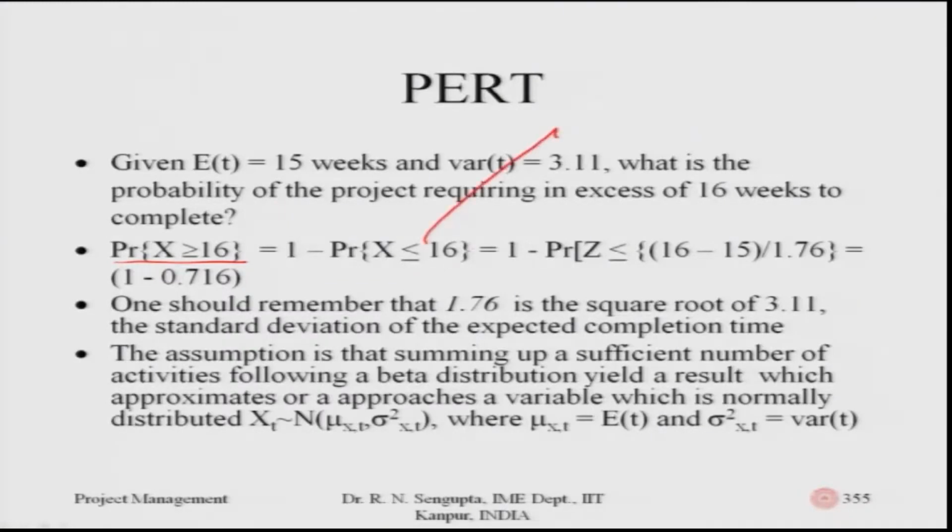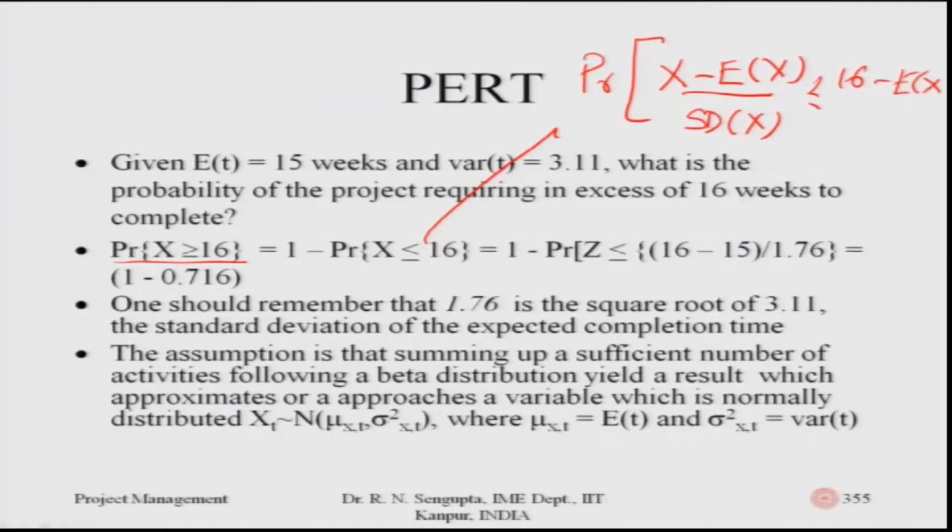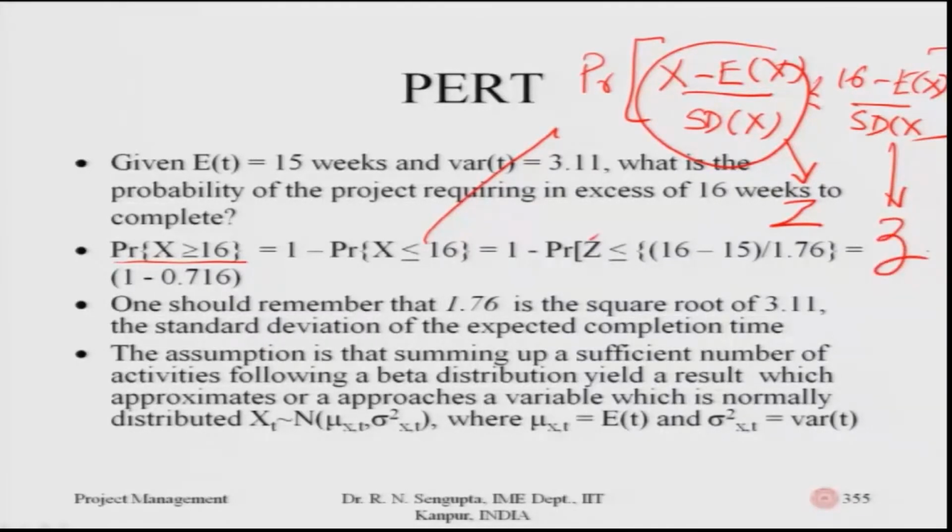So, I have these calculations: x minus the expected value of x, divided by the standard deviation of x, should be less than or equal to 16, which is the duration, minus the expected value of x, divided by the standard deviation of x, which is a very well-known equation we have been solving. This gets converted into a standard normal deviate Z, and a small z, which is the realized value which we know.